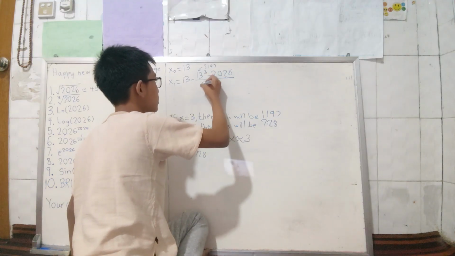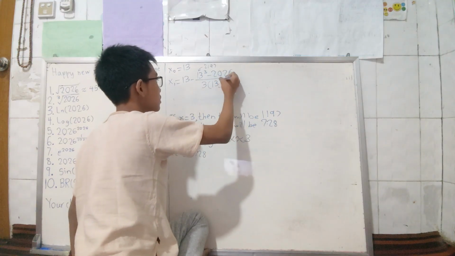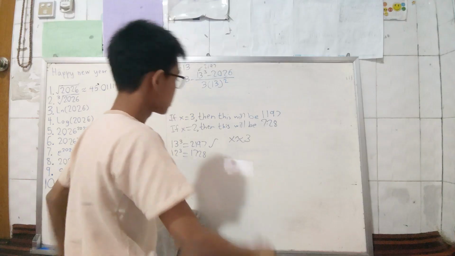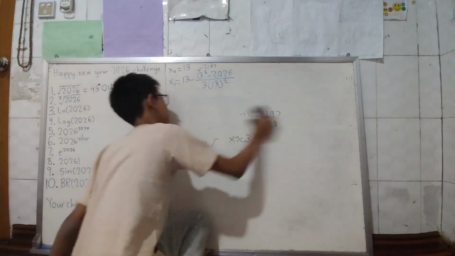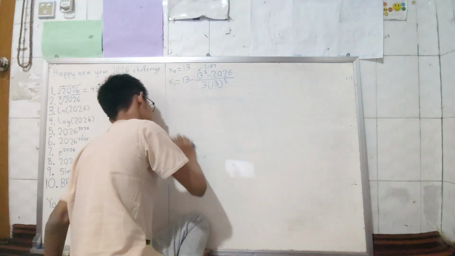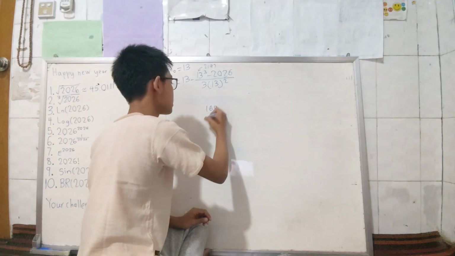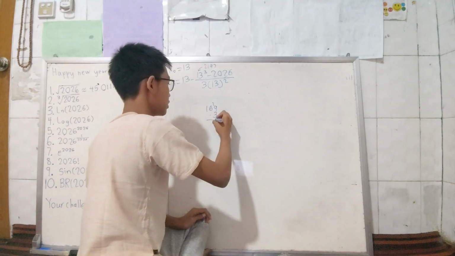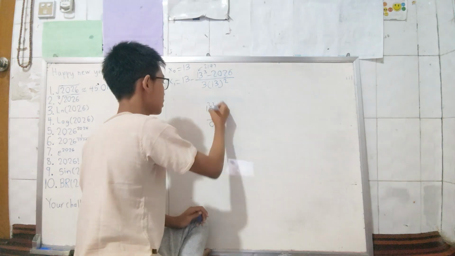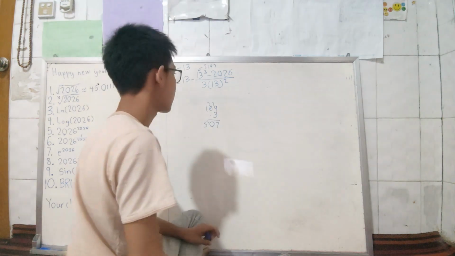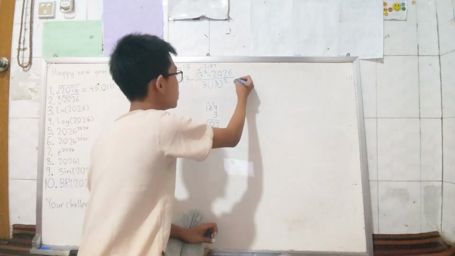and then over 3 times 13 squared. So let's try to calculate this. 13 squared, that's just 169. So 169 times 3, that's going to be 507. That will be the numerator.